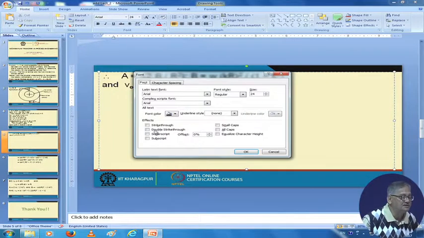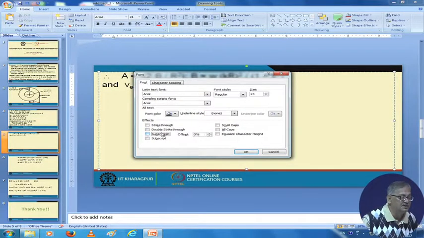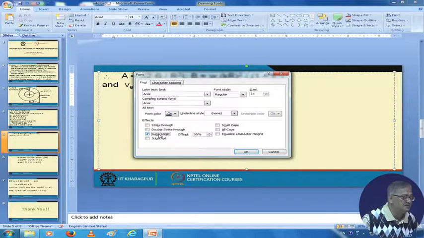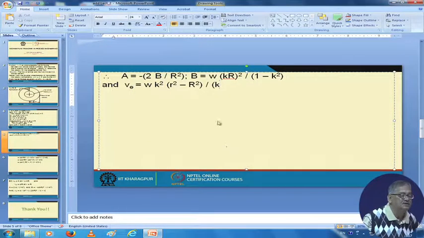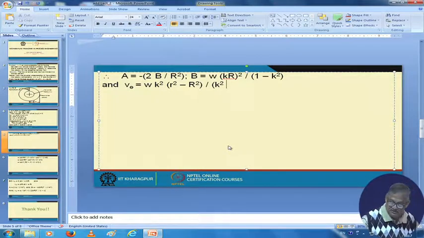So we write it like this, capital R square divided by, so this bracket closed, divided by K square minus 1 into r.